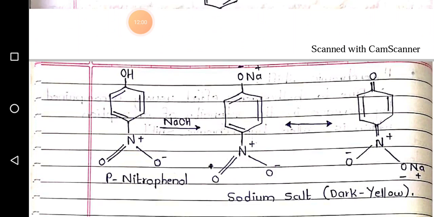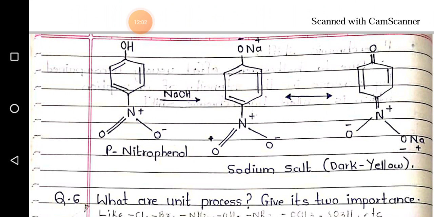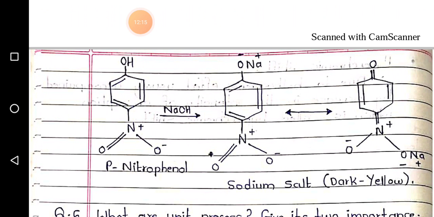Another example given here is para-nitrophenol. In the structure of para-nitrophenol, the nitro group is at the para position to the OH group. If placed in alkaline medium, that is sodium hydroxide, NaOH is a strong base. The strong base abstracts the proton present at the OH group, that is the phenolic group.